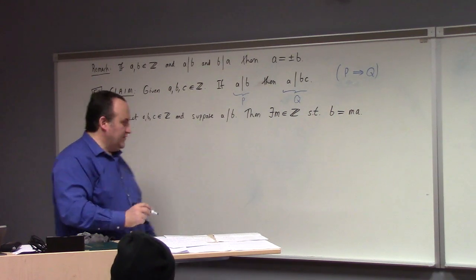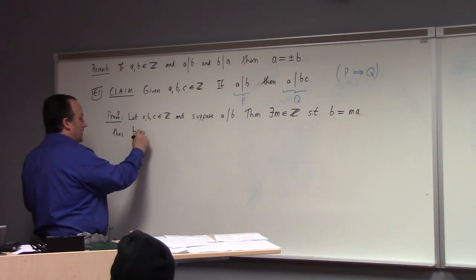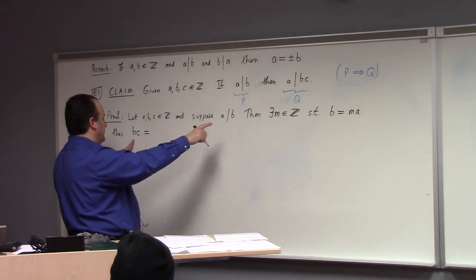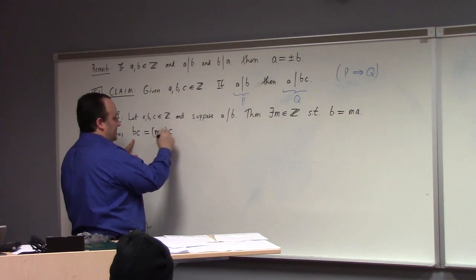So what's bc? bc is equal to what? We can take the b and replace it with m a times c.